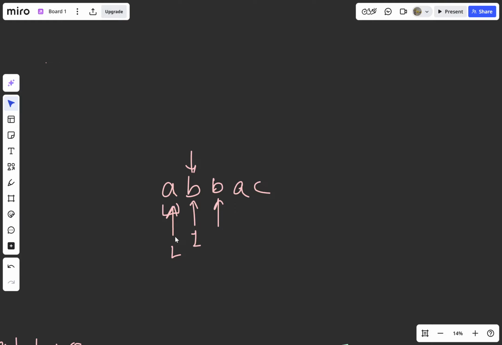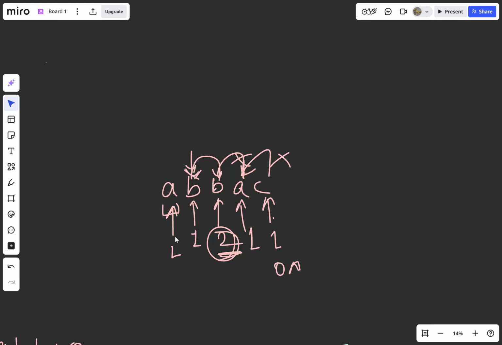If this is equal to the previous character, the count will be 2. If it is not equal to the previous character, the count here will be 1 again. So the maximum count will be 2, and that's why for only A, B or C, the maximum count is 2.